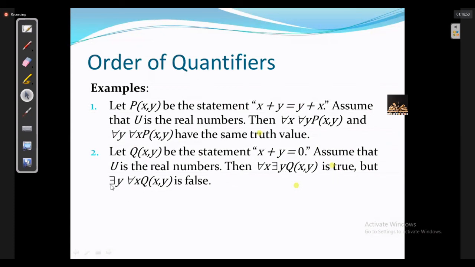But there exists y, for all x, Q of x y is false. Observe this statement: for all x, x plus y equal to 0. For all x, there is some y, so the predicate x plus y equals 0 is true. But there is a y for all x is false. Do you understand this one?